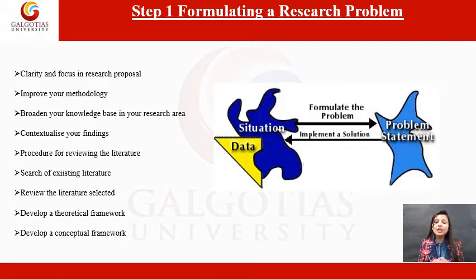After the review, develop a theoretical framework and a conceptual framework. So these are the parts of formulating a research problem: clarity and focus in your research proposal, making a methodology, contextualizing your findings, reviewing the literature and developing a framework.